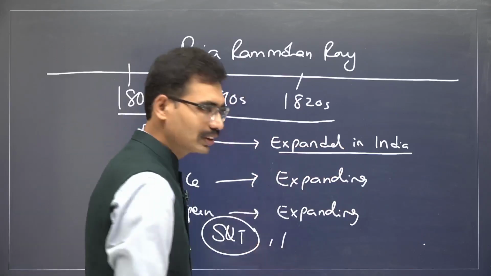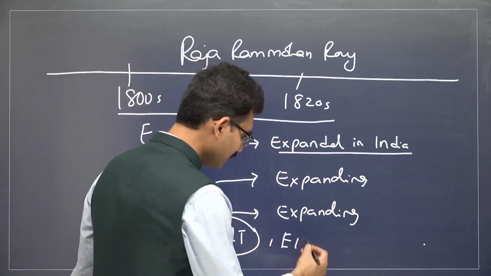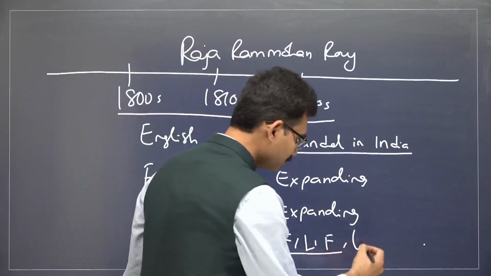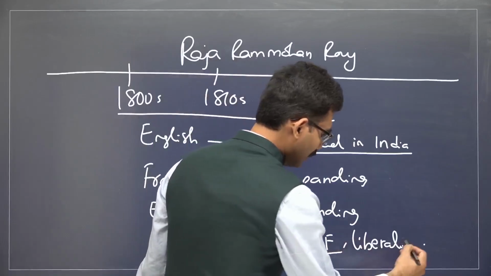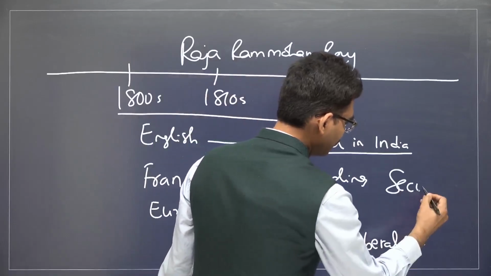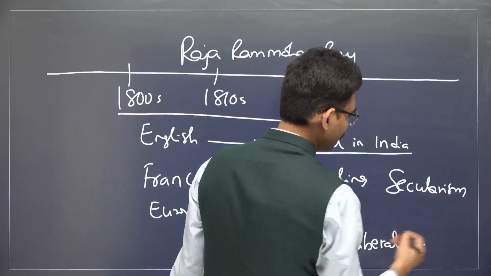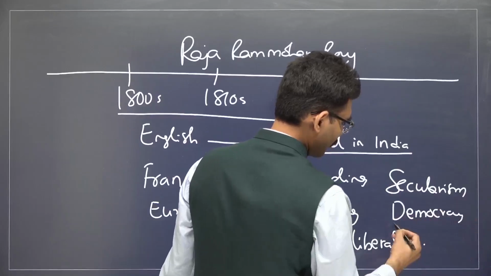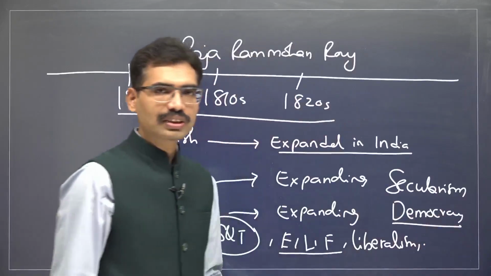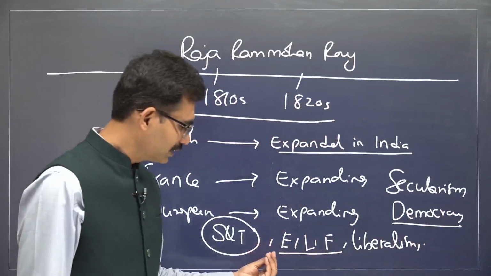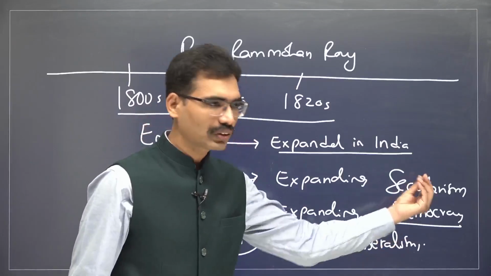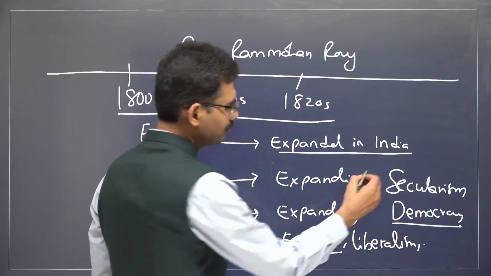French Revolution values: equality, liberty, fraternity, liberalism, secularism, democracy. These values are emerging. Society-wise, equality, liberty, fraternity. When it comes to politics, liberalism, democracy, secularism, nationalism.